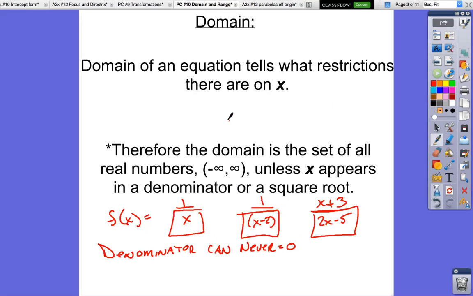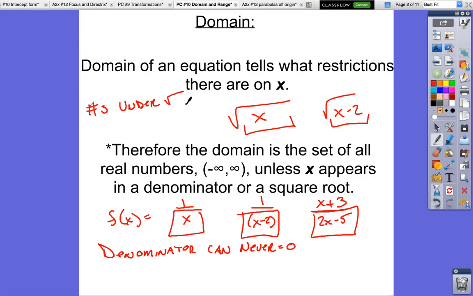There's something else if it's under a square root. So if I have something like the square root of x, or x minus 2, what can you not have to be a real number? What can you not ever have under a radical? Negative.